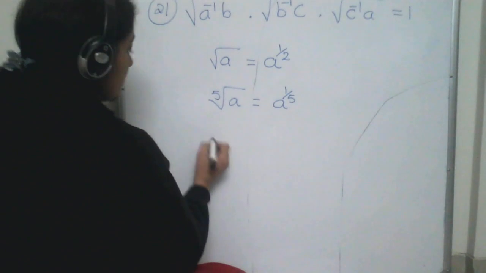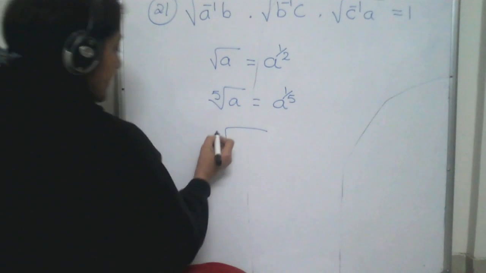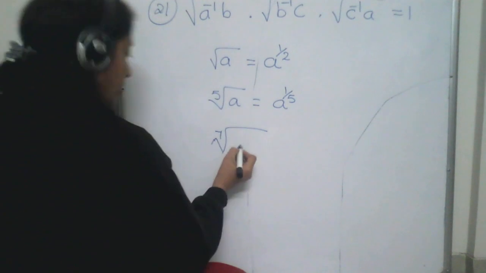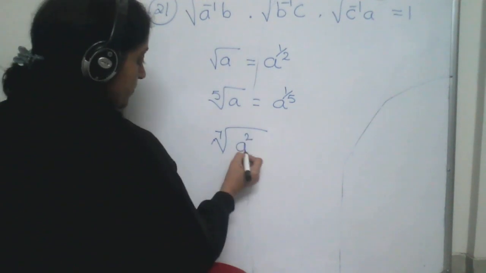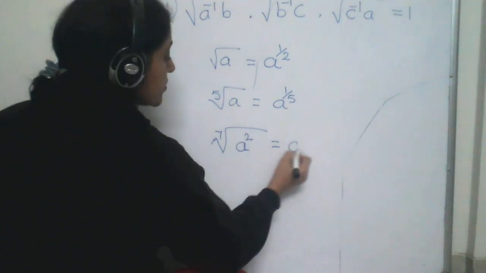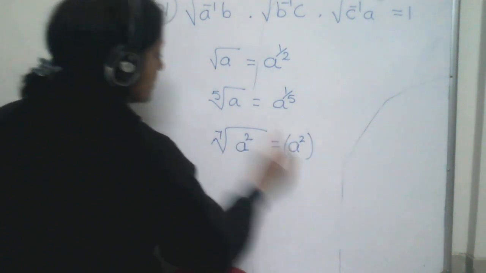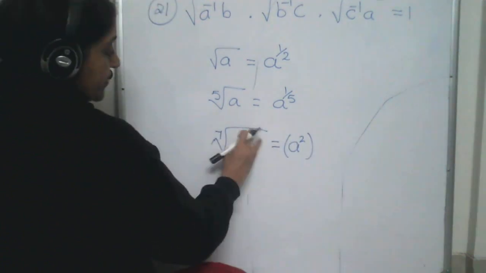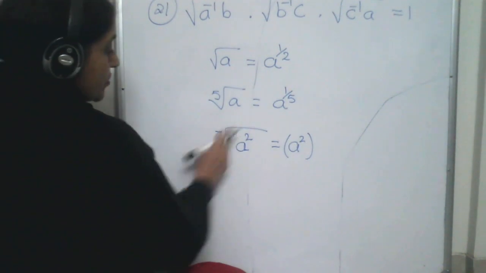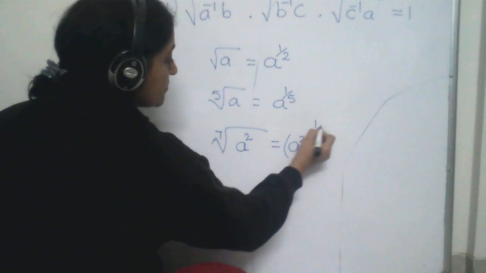Furthermore, now if it is the seventh root of a to the power 2, where will we write this, ma'am? Hold on, look what we can do. Whatever is under the root sign, write it first: a. Now the seventh root of this, how will we write? 1 by 7.